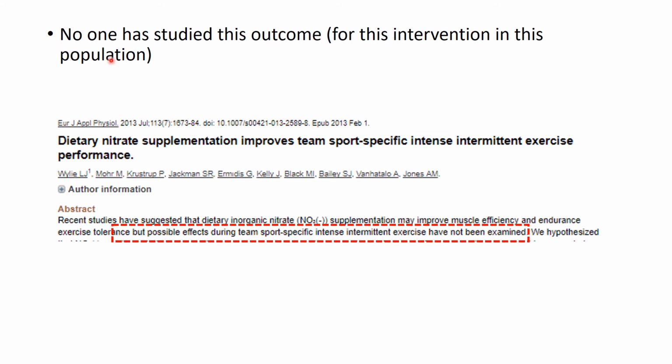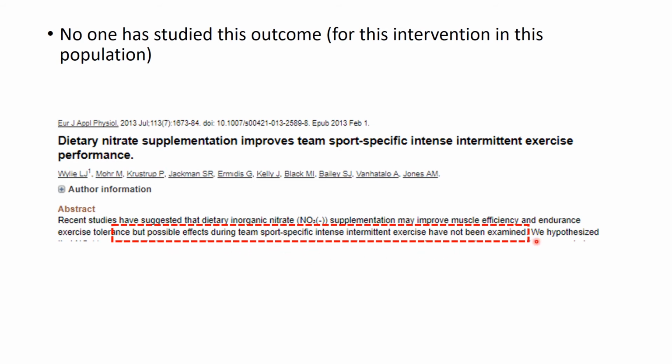And then, as you can imagine, you can also have it where there's a unique outcome. So this study here is what they showed. But the possible effects during team sport specific intense intermittent exercise has not been examined. So what they're saying there is that this intervention, in this case inorganic nitrate, is important for this population, athletic people, but its potential effect on this specific outcome, which is important to those people, has not been examined.